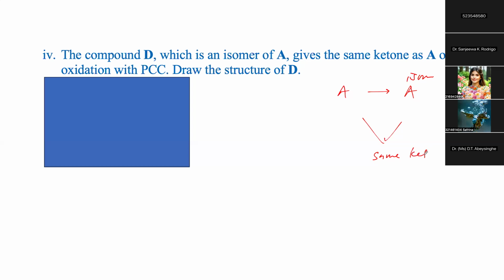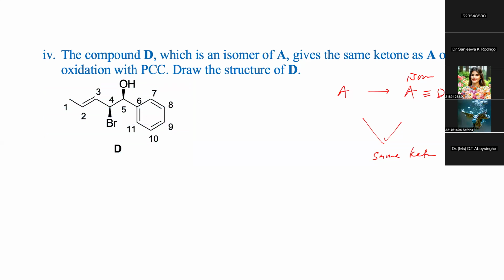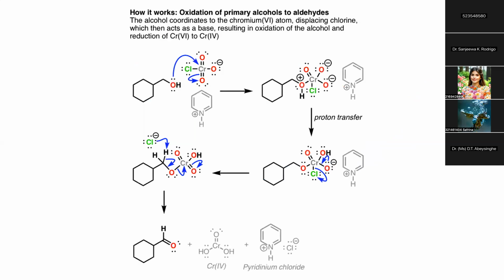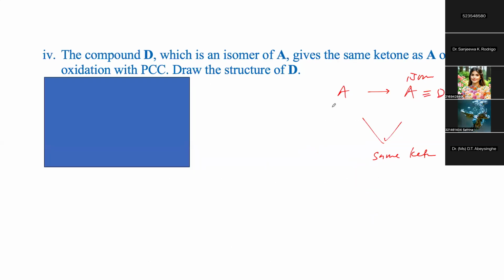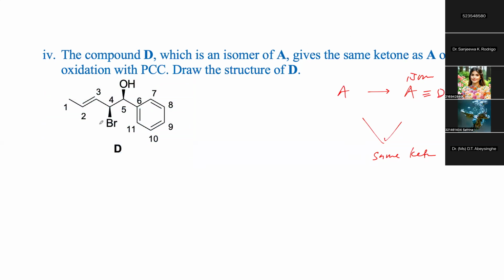That's what they say, right? So what they are asking for is D. Let me draw A again, with the bromine.